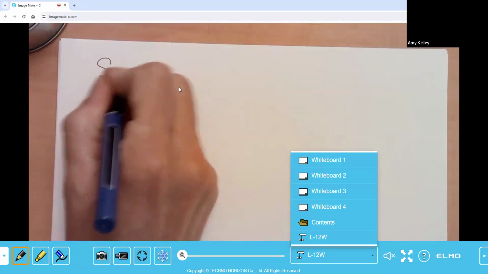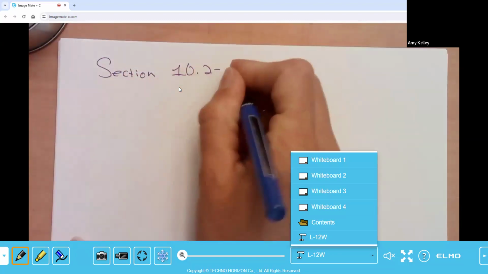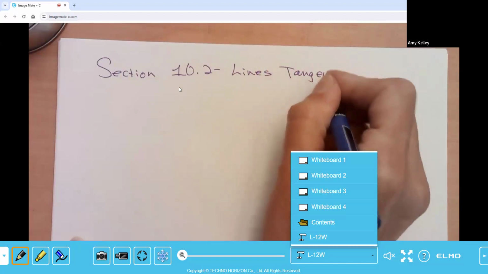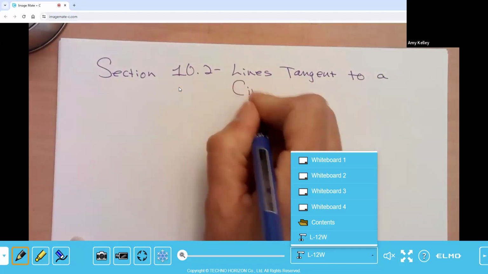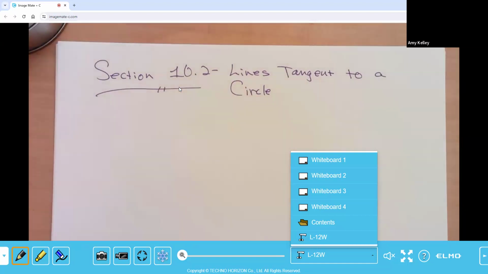Okay, section 10.2. We are looking at lines tangent to a circle. All right, so our focus today is looking at what a tangent line is and how the tangent line is related to the radius of a circle and the point of tangency.